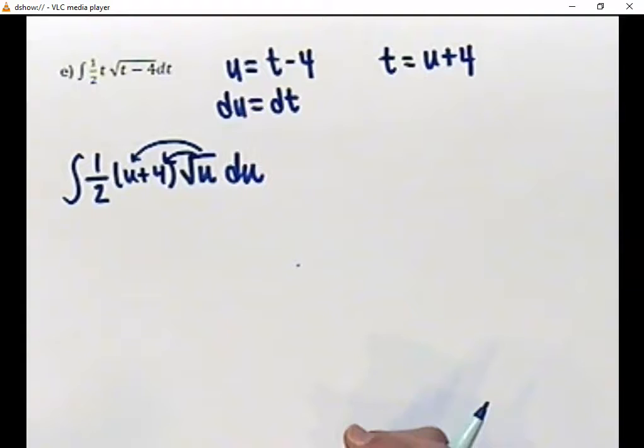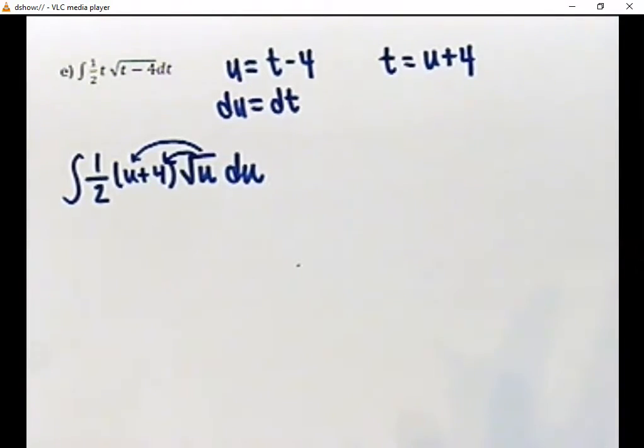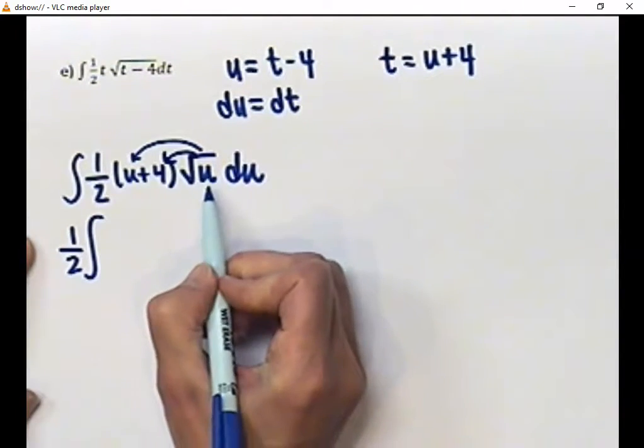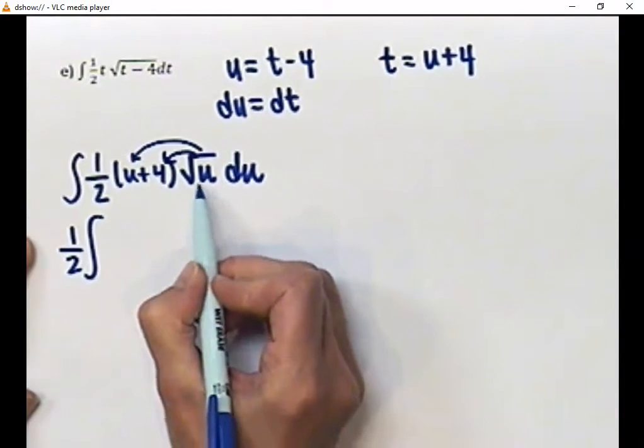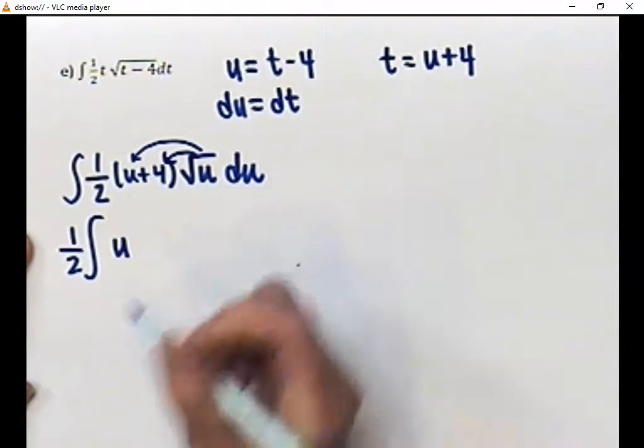Okay, so in this form, you can't integrate this. It's a product, which is kind of hard. You don't have any techniques for that yet. But if I could distribute and get rid of the parentheses, maybe it's possible. I'm going to pull the 1/2 out front. What happens when you take the square root of u times a u? u to the 3/2.